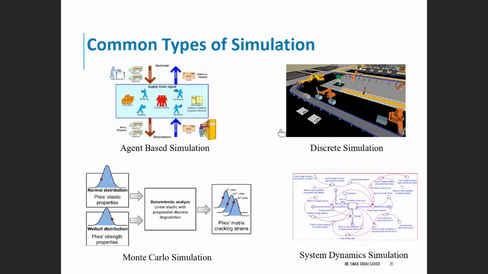systems. For the discrete simulation, or they call it discrete event, what does it mean? It means that in the model of the discrete simulation, the process is a series of instantaneous occurrences, and in between these events, for example between this step and that step, the system is fixed and no changes happen.